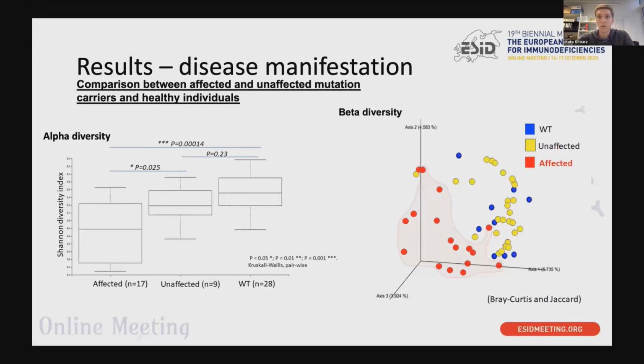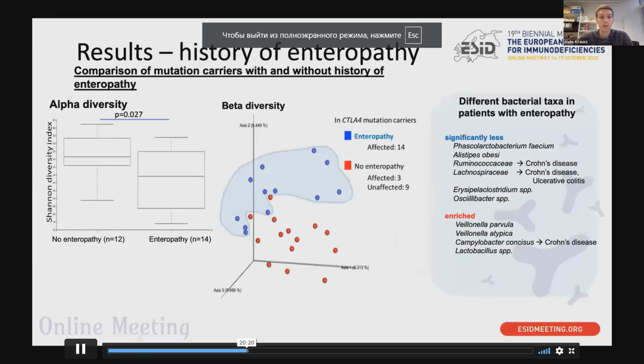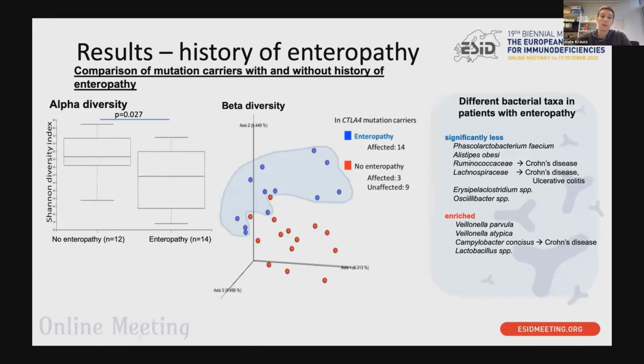This was further confirmed by the beta diversity analysis. As you may see, the affected carriers cluster together separately from the unaffected and healthy individuals. To go on, we again compared the alpha diversity in CTLA4 mutation carriers with or without a history of enteropathy.